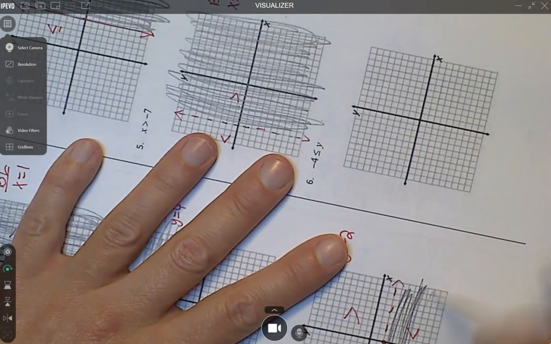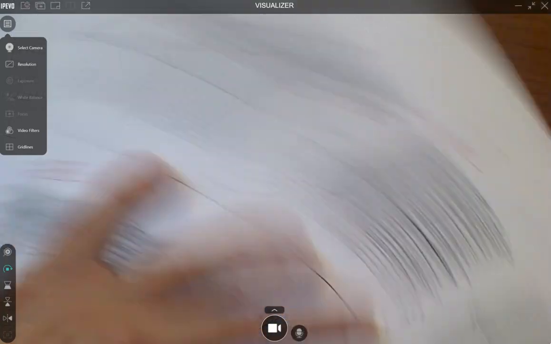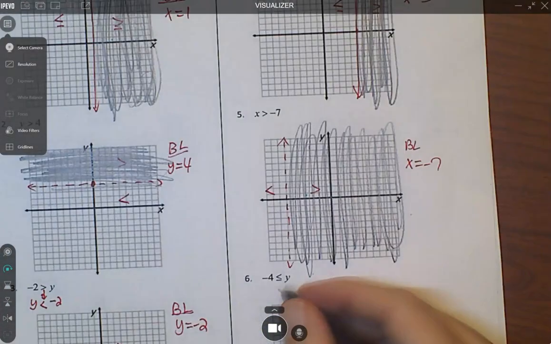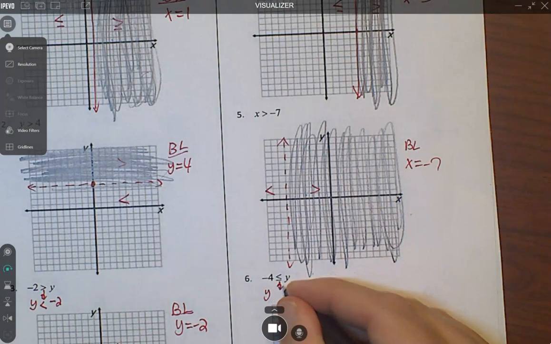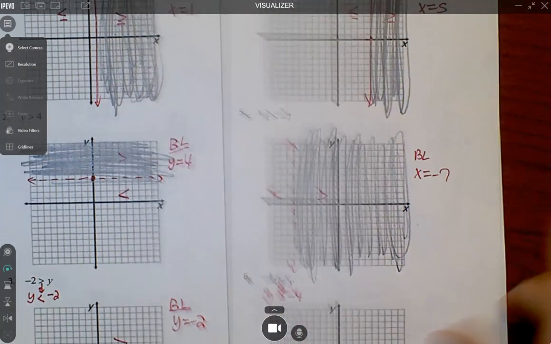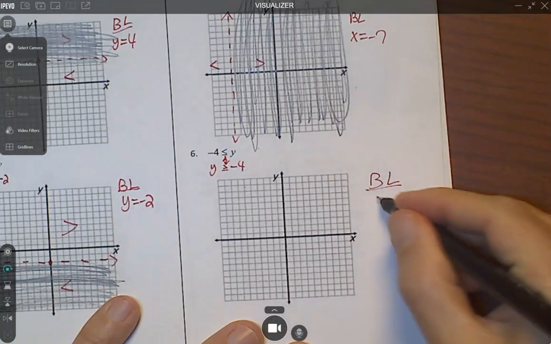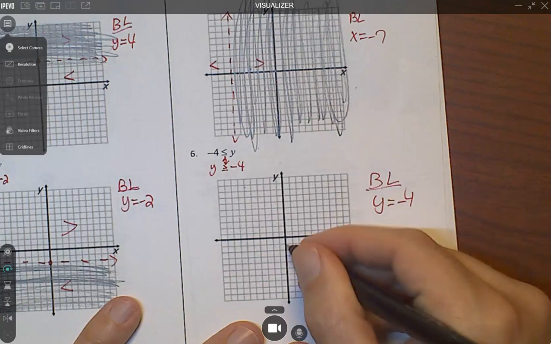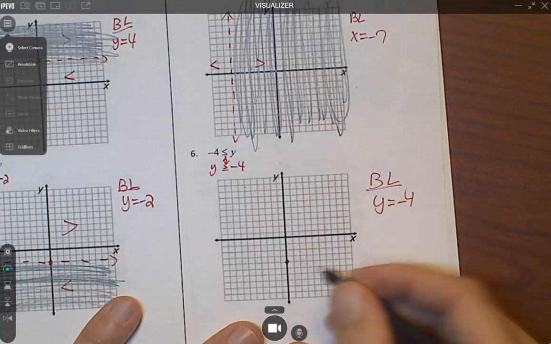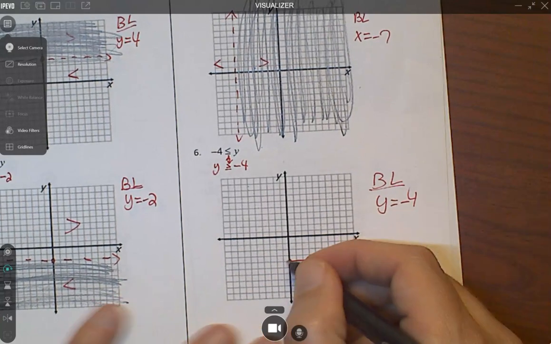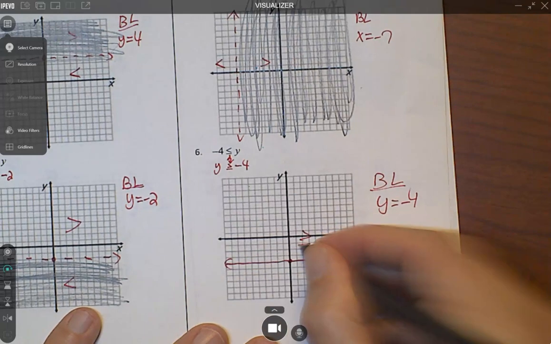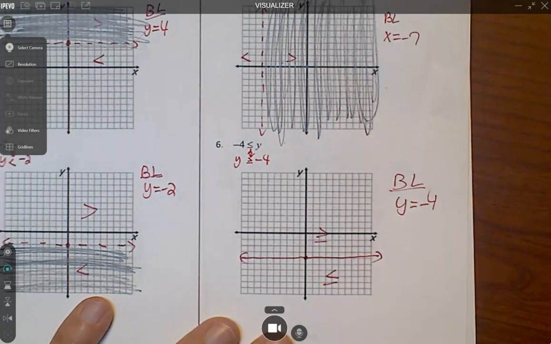This is greater. Last one. Okay, y's are greater, so you got to flip it. Boundary line. Solid. If I go up, they're greater than or equal to. Down's less than or equal to.